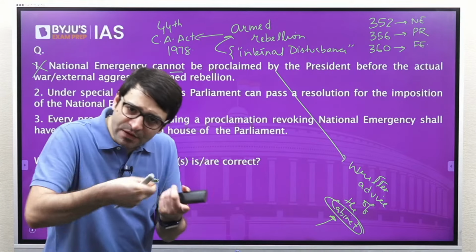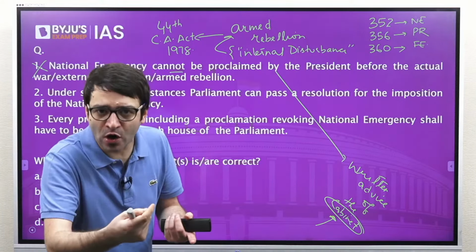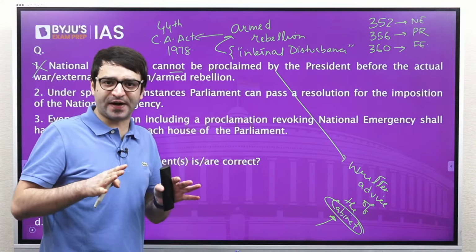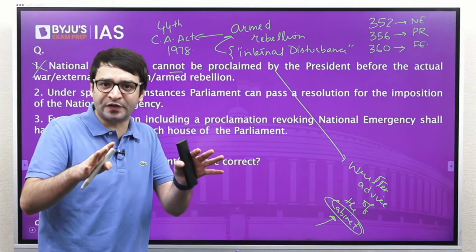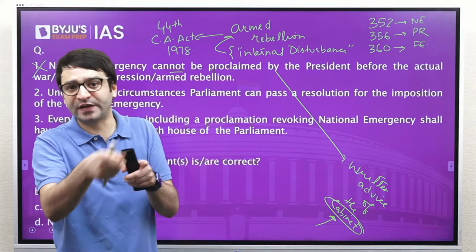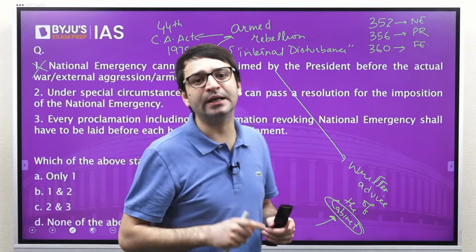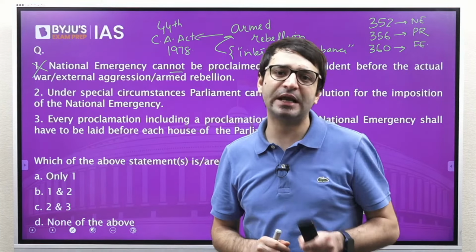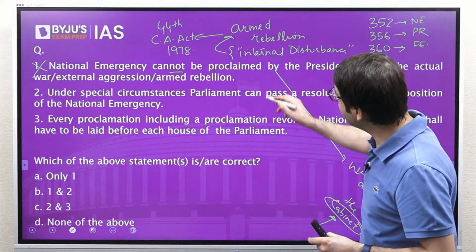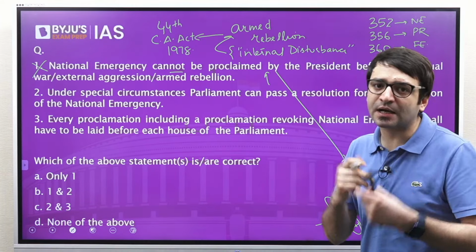So it means even before the actual occurrence of war, the President, if he is satisfied that there is a grave danger to the unity, integrity of India because of war, external aggression, or armed rebellion, then the President, on the written advice of the Cabinet, can proclaim national emergency even before the actual occurrence.